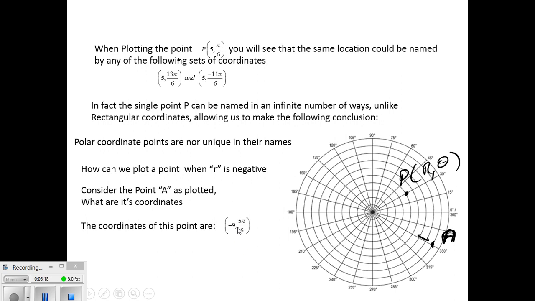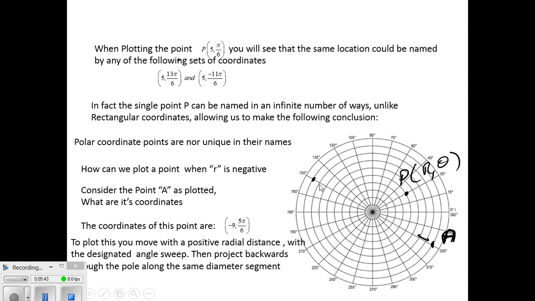So I'm going to say I want to plot this point -9, 5 pi over 6. For the moment, I'm just going to discard the fact that this is negative. I'm going to be on the 9th ring out at 5 pi over 6, which should be at this point right here. Here's the point 9, 5 pi over 6. Plotting -9, 5 pi over 6 does the same angle rotation, but then it projects it backwards.